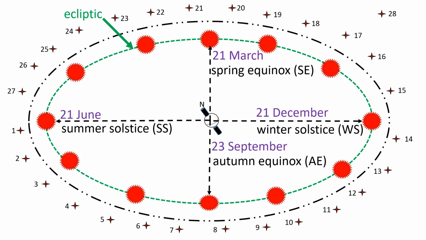Let us look at the Indian names for the solar months. The Indian solar calendar begins with the day of vernal equinox. So the first month is here, and that is the second month of the Vasanta Rutu or spring season.